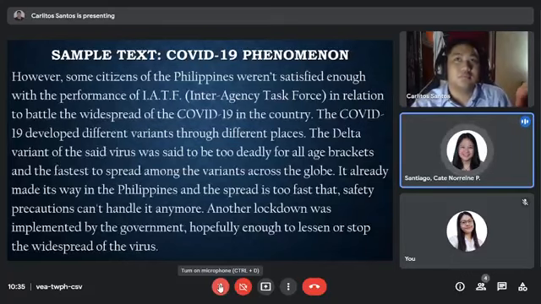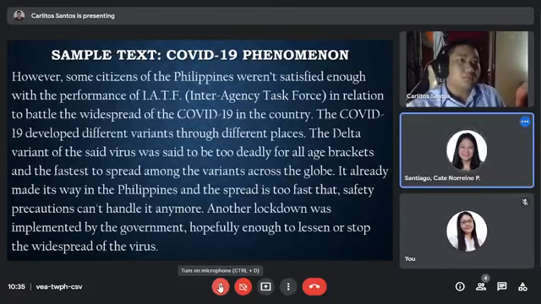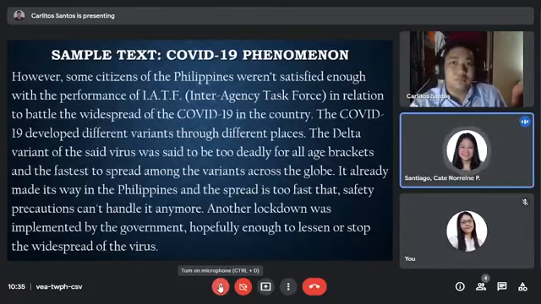The Delta variant of the said virus was said to be too deadly for all age brackets and the fastest spread among the variants across the globe. It already made its way into the Philippines and the spread is too fast that safety precautions can't handle it anymore. Another lockdown was implemented by the government, hopefully enough to lessen or stop the widespread of the virus.